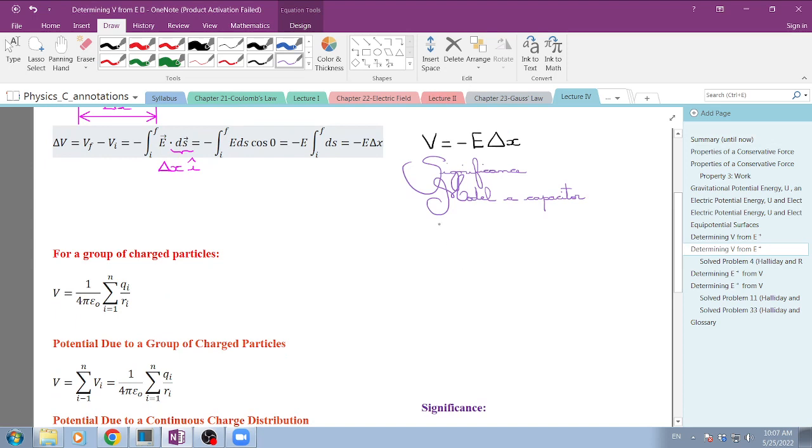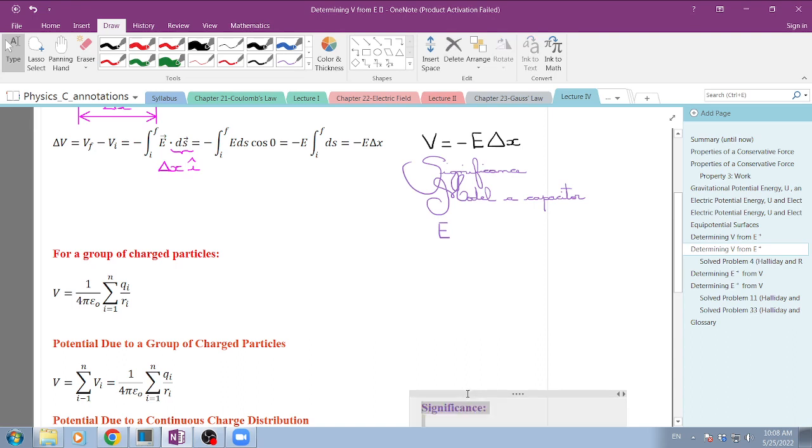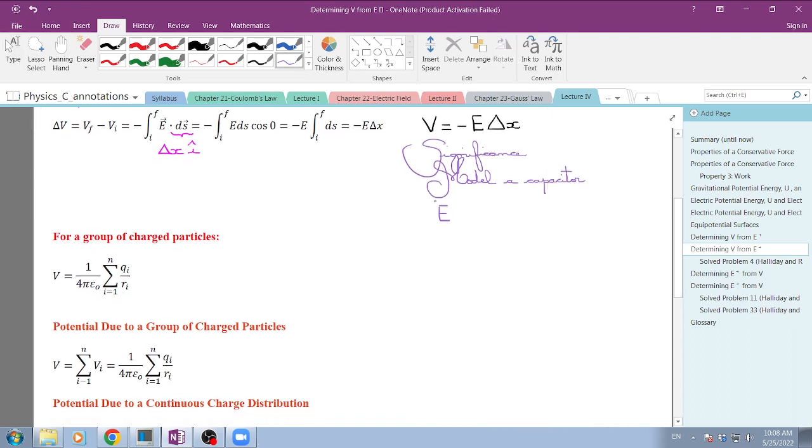The units for the electric field are Newton per Coulomb, which is not intuitive and not practical at all, right? When you're solving problems that involve volts, it would be better if you can represent this in terms of volts.